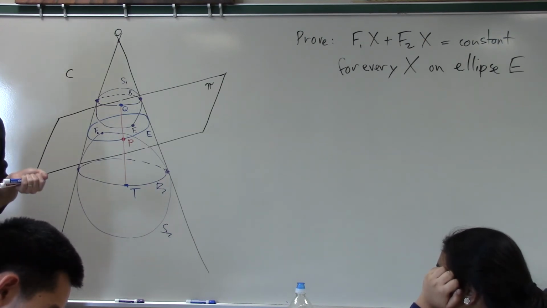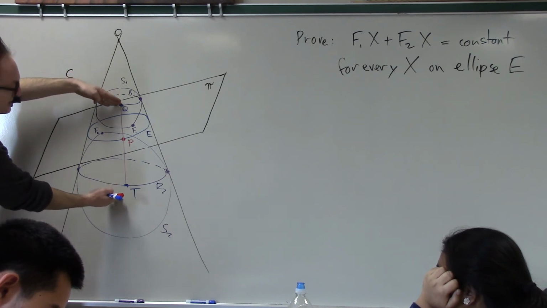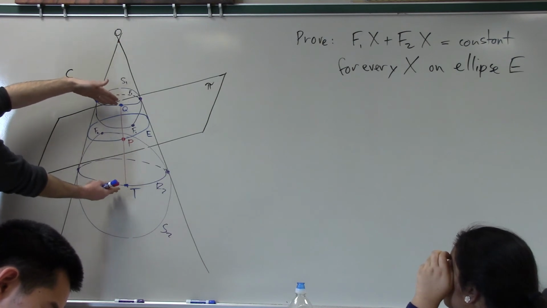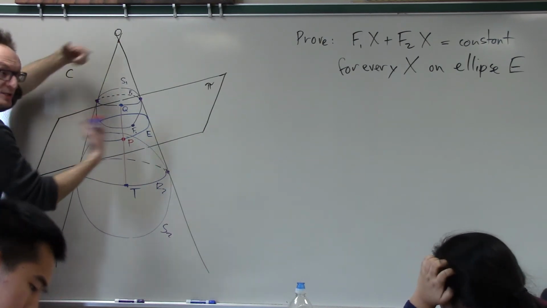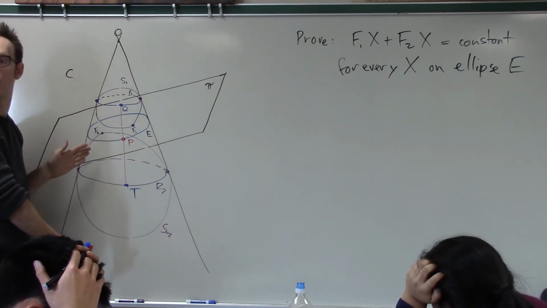QT is constant, right? What is QT? In words, it's the distance between the circles of tangency, but measured along the outside of the cone.